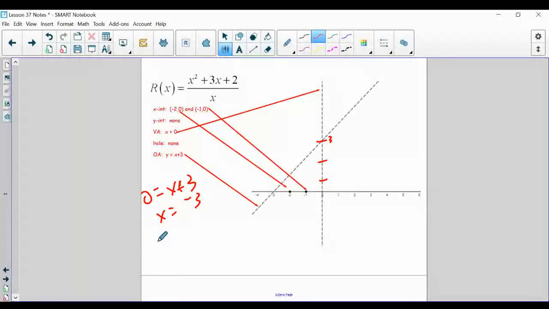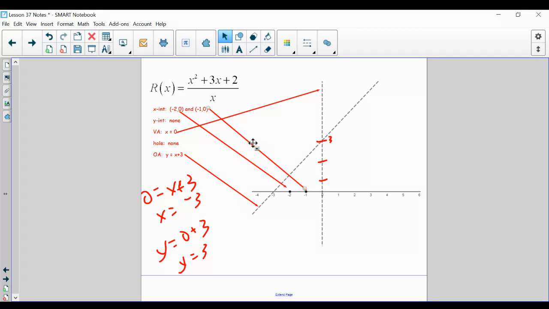And when you plug 0 in for the x, so then you would take those 2 points. So your negative 3 for your x, your positive 3 for your y, and connect it. That's how I would do it. Okay, so then that's all of our pieces. Now to graph this, drag some of this stuff out of the way here.